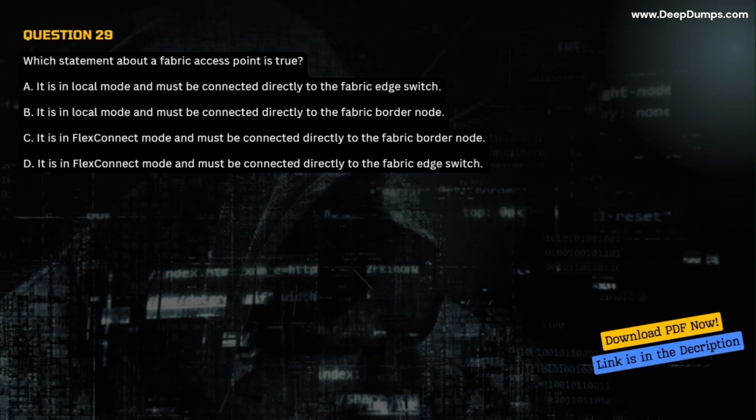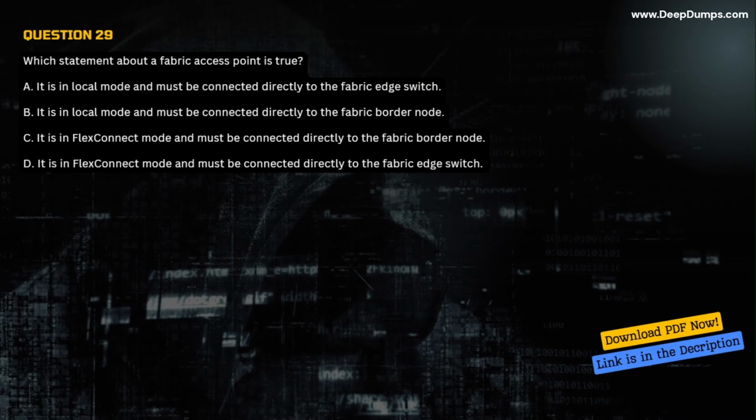Question 29. Which statement about a fabric access point is true? A. It is in local mode and must be connected directly to the fabric edge switch. B. It is in local mode and must be connected directly to the fabric border node. C. It is in FlexConnect mode and must be connected directly to the fabric border node.